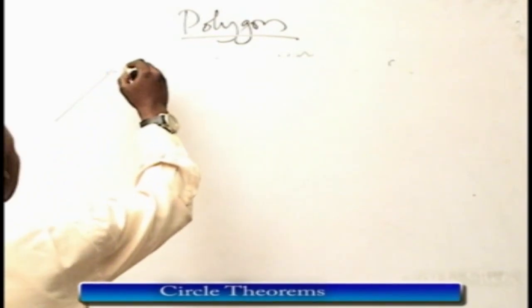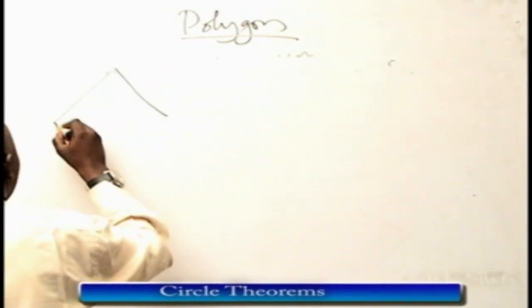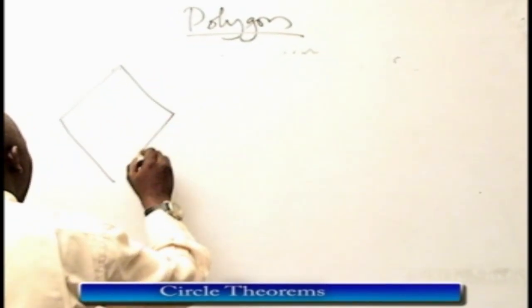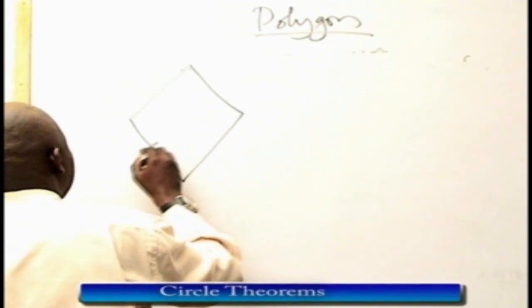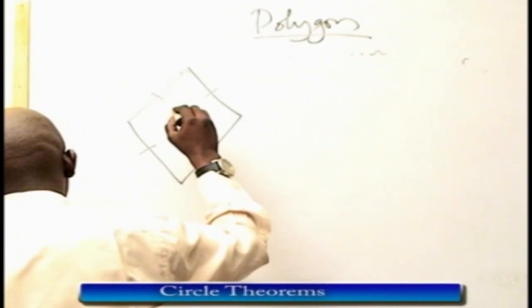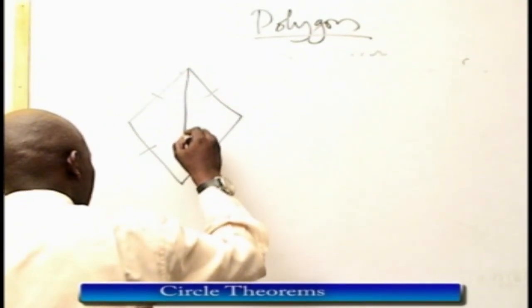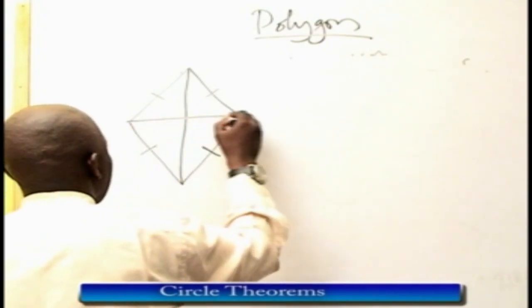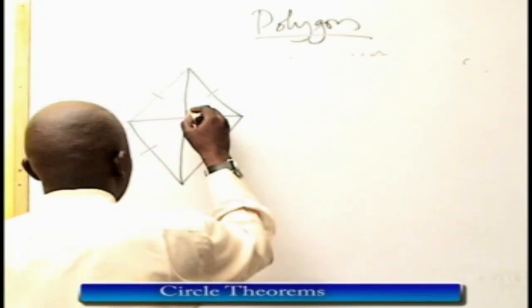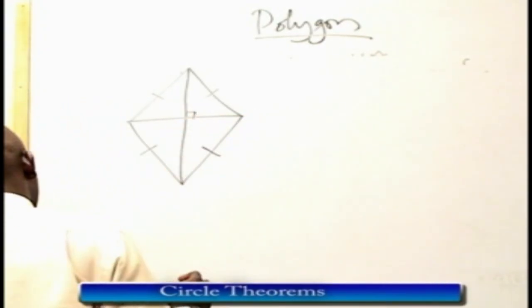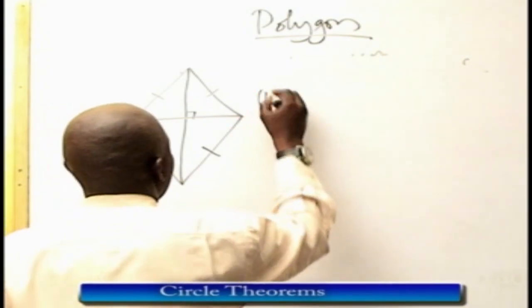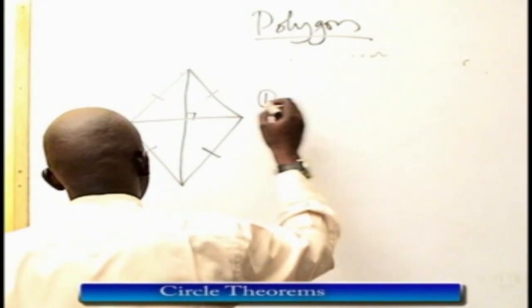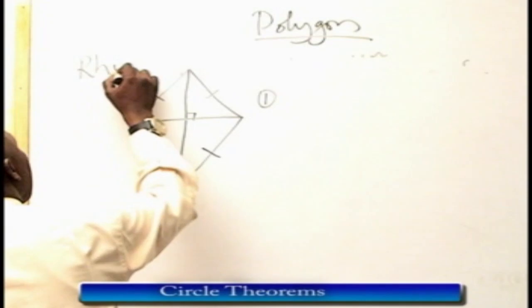A rhombus looks like this. All right? This is right angle. Number one, all four sides are equal. This is the rhombus.